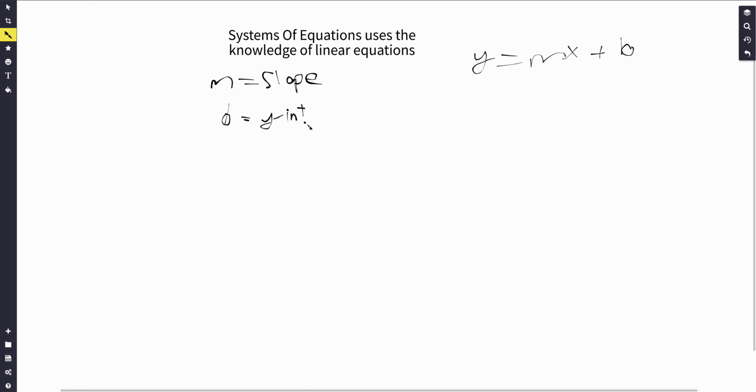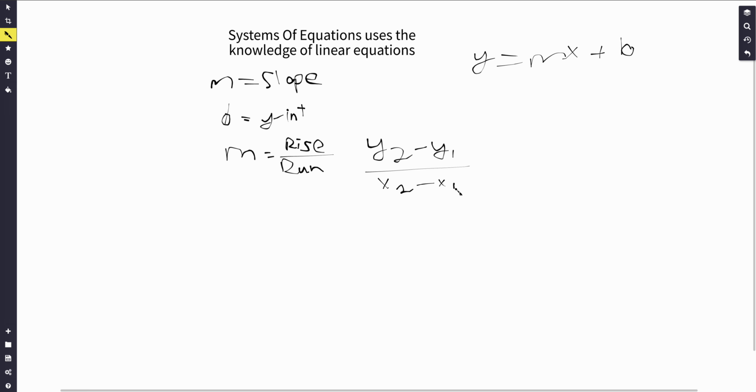Some ways you can find m, or the slope, are through the equation of rise divided by run, or the other equation, y2 minus y1 divided by x2 minus x1.